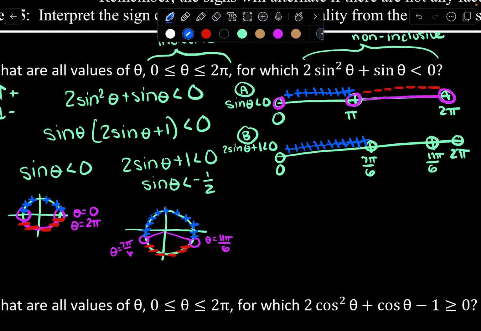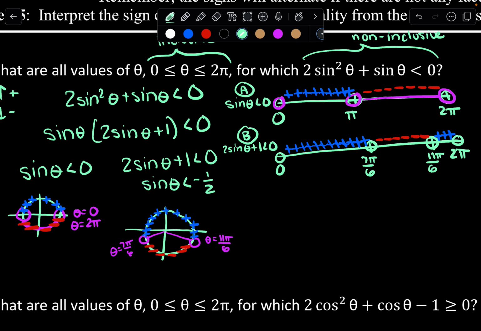And then once we get to 7 pi over 6, it switches to where the angles from 7 pi over 6 to 11 pi over 6 that go into sine will be less than -1/2. So I'll do negatives for less than. And then that tiny interval from 11 pi over 6 to 2 pi, those will be angles that make sine greater than -1/2. So I'll do a plus.